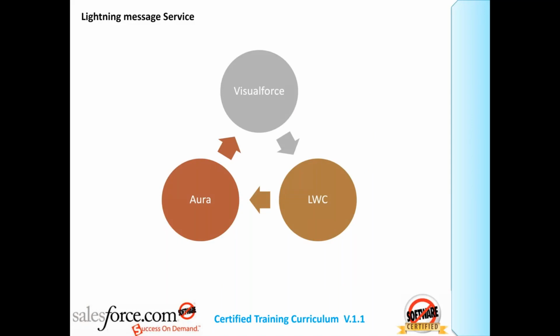Whenever you want cross-platform, cross-technology communication, if you want a component created in a Visualforce page to communicate with Lightning, Aura, or Visualforce, in such cases we use a concept called Lightning Messaging Service.